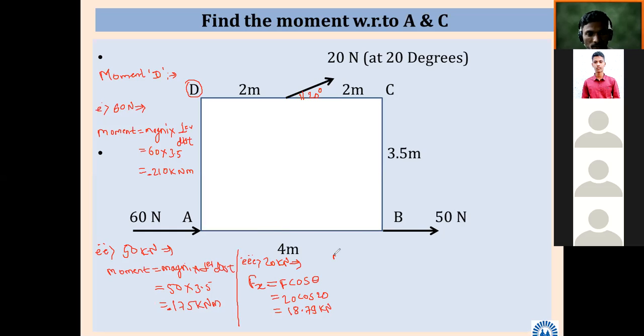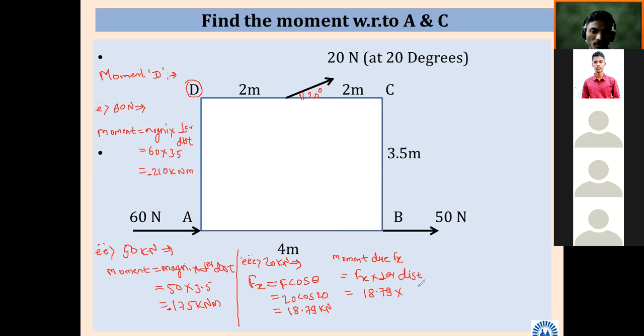Moment due to Fx. Moment due to Fx equals Fx into perpendicular distance. What is Fx? 18.79. Now you tell me what is the perpendicular distance.